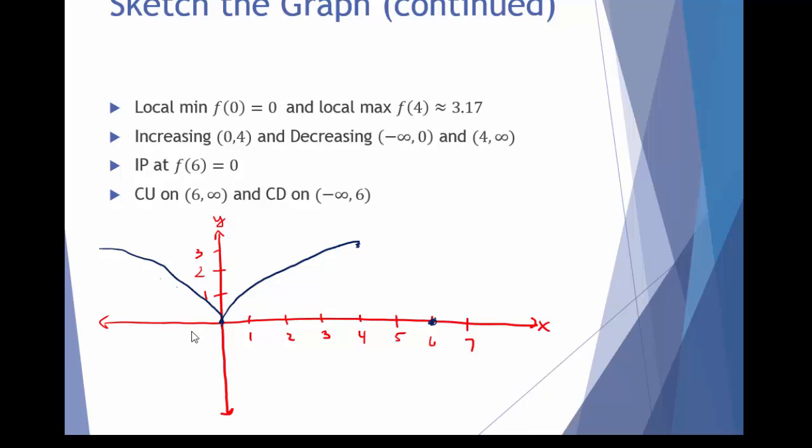The fact that I have a local minimum that is concave down on both sides indicates you have a sharp change in direction at that point. So that's how we can use the derivatives to figure out that we actually have a cusp here at 0, 0. So we continue on, increasing but concave down.